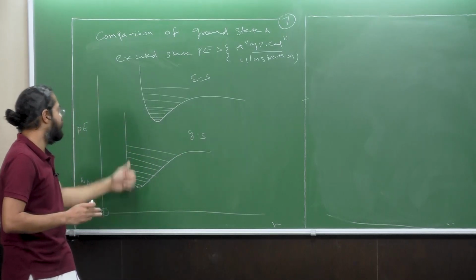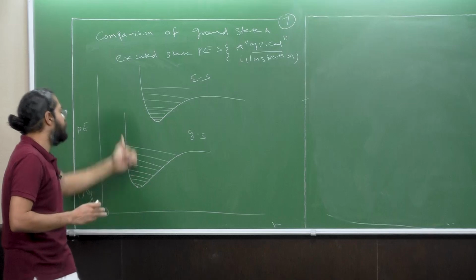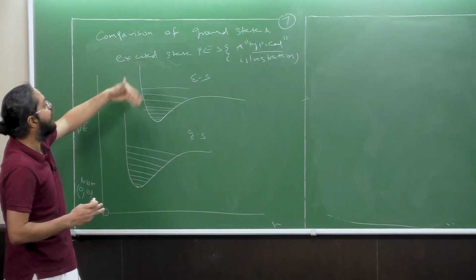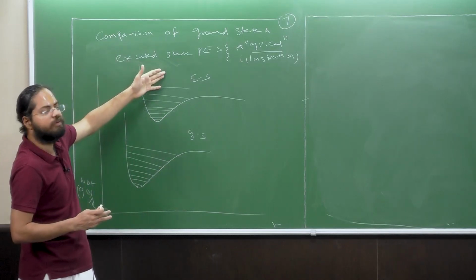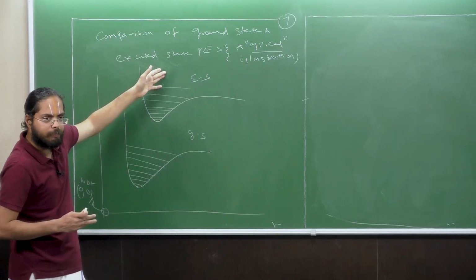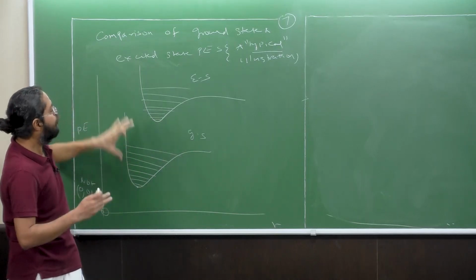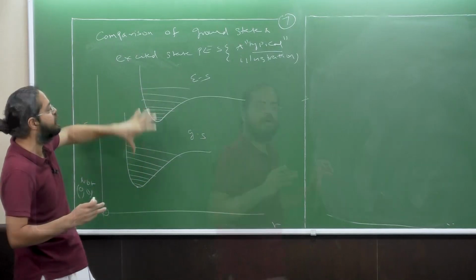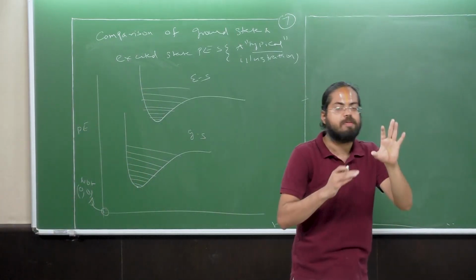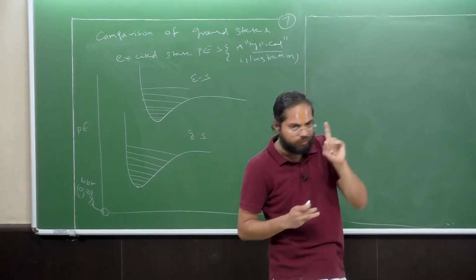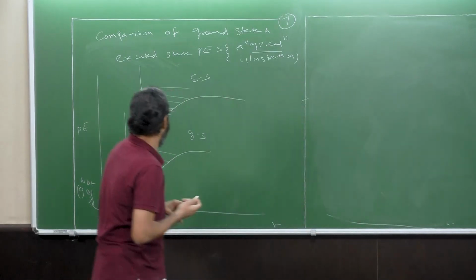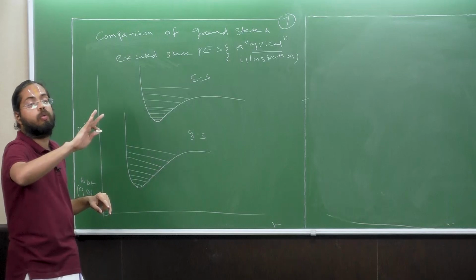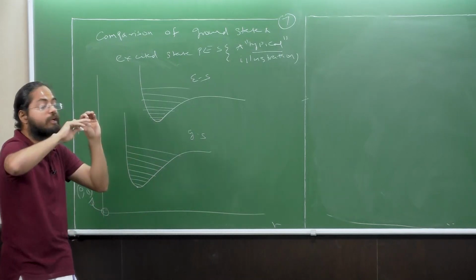And at very close nuclear distances, the potential energy shoots up. Likewise, the same features are also true for an excited state. Okay, are we clear? So we're going to be having one potential energy surface corresponding to each electronic state of a molecule. This is experimentally verified and especially true for bound systems. Noting that I have not told you what bound means yet, and that is not a problem.